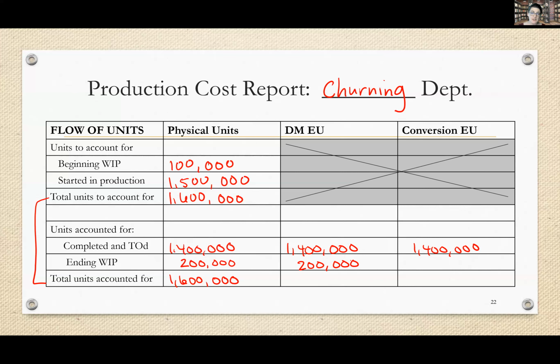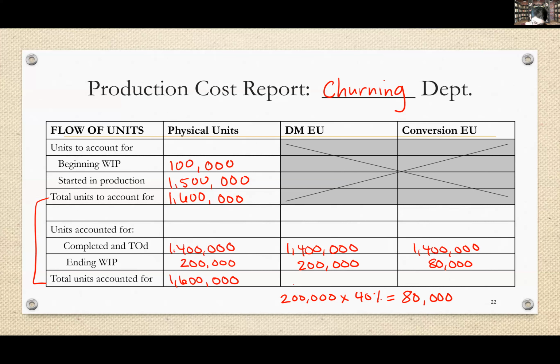But the conversion, that combination of direct labor and manufacturing overhead, is only 40% complete. We had taken those 200,000 ending units. So I've got 200,000 pounds of butter churning, but it is only 40% complete. If I convert those churning pounds of butter into equivalent units, basically combining the pizzas to see how many wholes I have, I have 80,000.